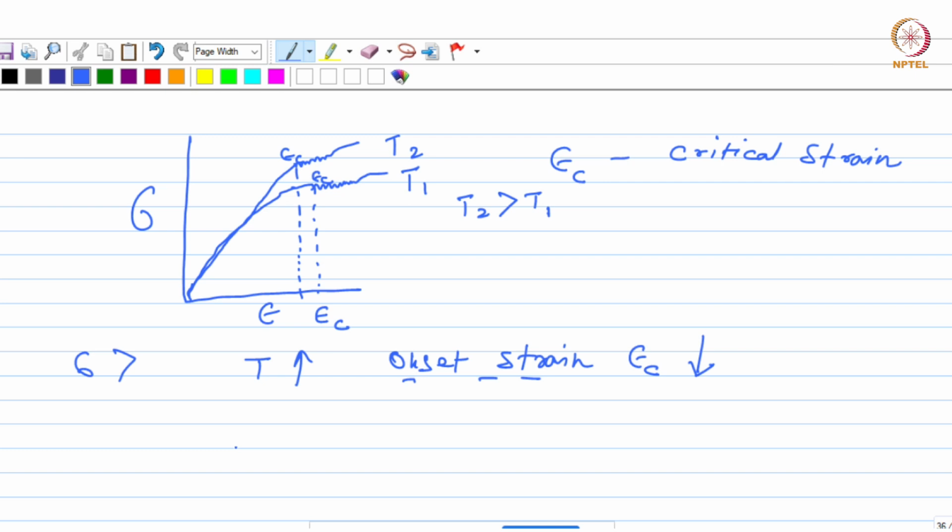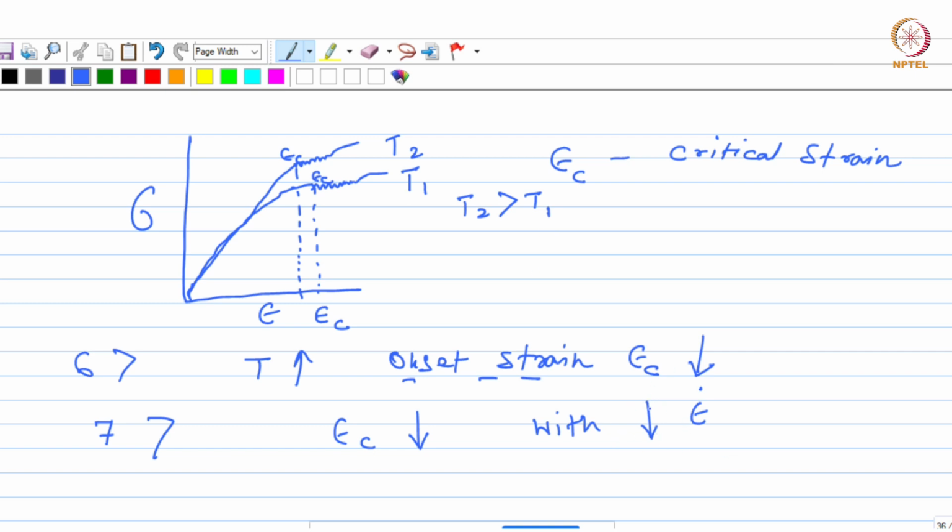And number 7 talks about the relationship between this onset strain and the strain rate. The onset strain will decrease with decreasing strain rate. This can be understood from a simple logic, like how we discussed for the temperature.